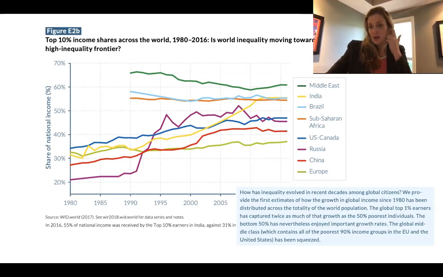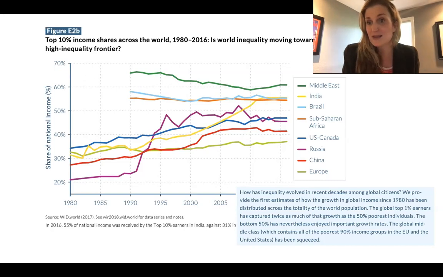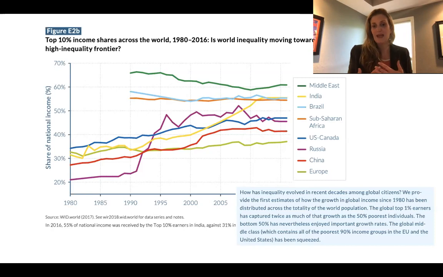So even within the United States, when we talk about the poor in the United States, if you put that on a global scale, because of how much money it takes to be middle class in this country, when you look at GDP per capita, what they're saying here is that the global middle class encompasses 90% of income groups in the United States. When you define the global middle class, that's most of America. But what they're saying is that this middle class has been squeezed dramatically.